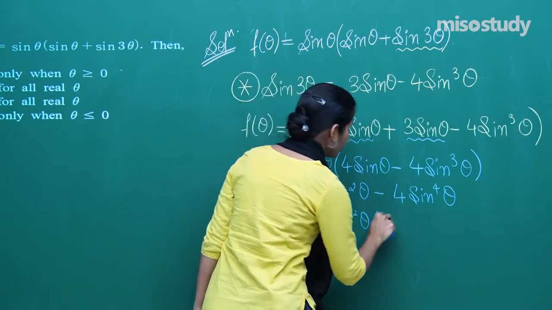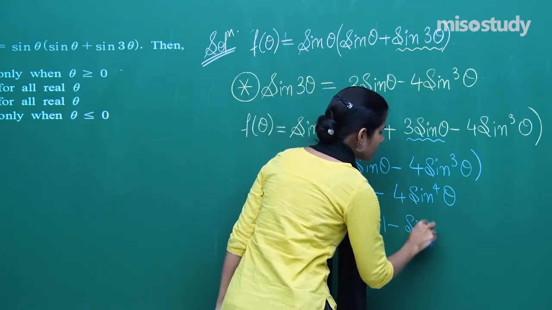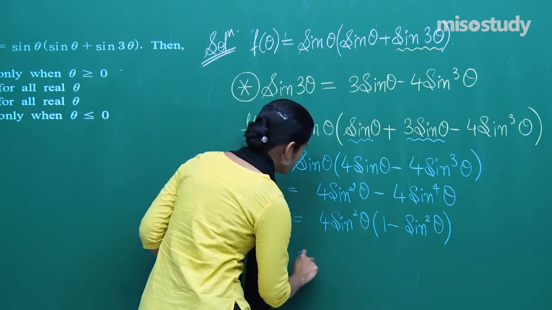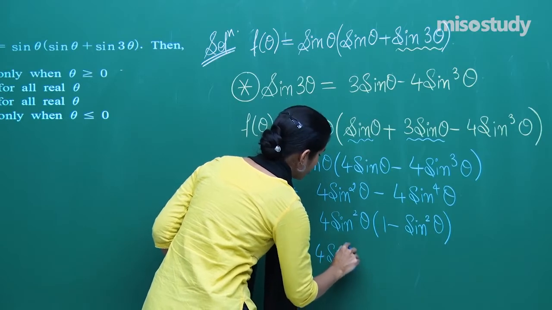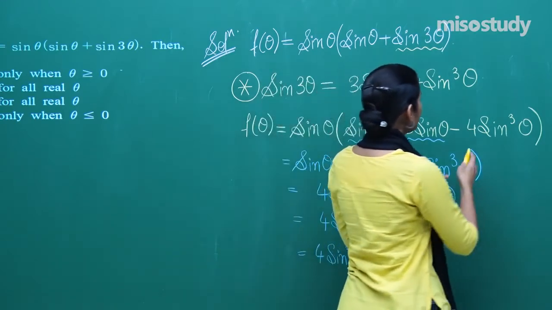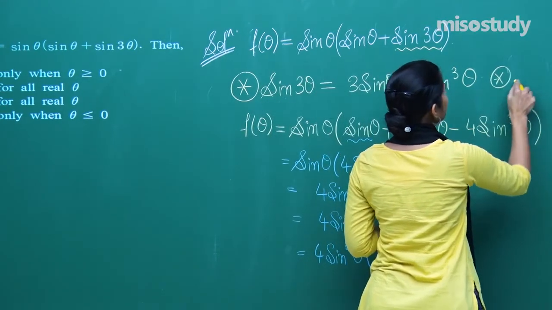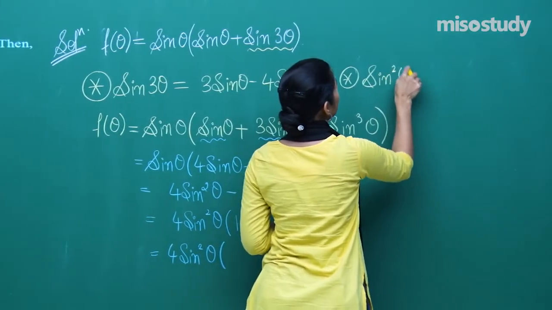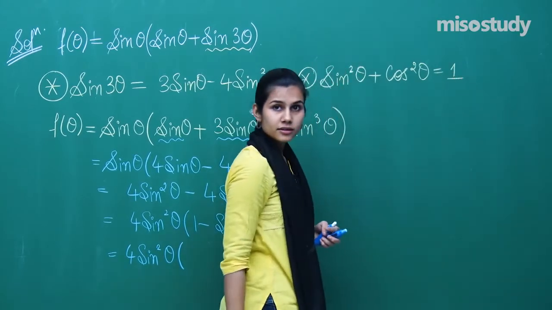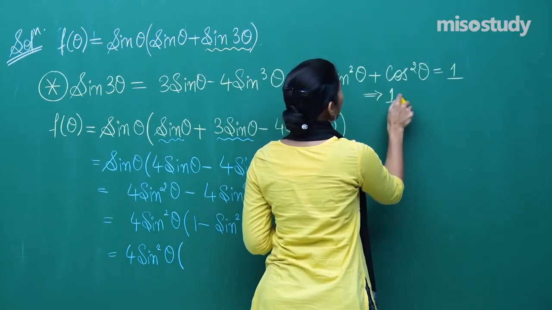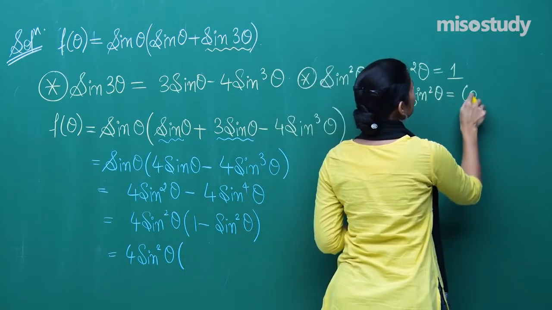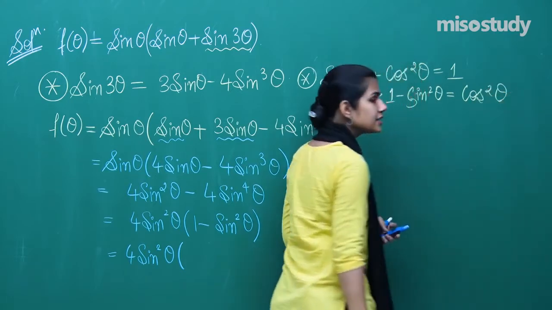After that, you're left with 1 minus sine square theta. And this expression, if I am not wrong, reminds me of another identity. We all know that sine square theta plus cos square theta is 1, which implies 1 minus sine square theta is nothing but cos square theta.